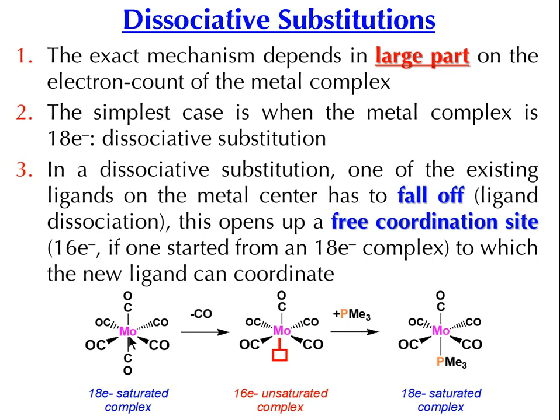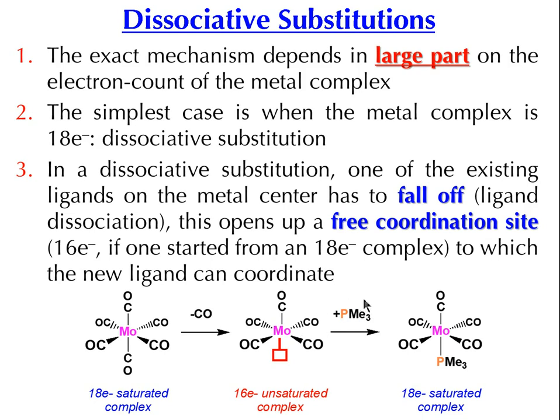Consider the example of molybdenum carbonyl complex. This is an 18 electron saturated complex, so it cannot receive a ligand. It should lose a ligand first, minus CO, to open a vacant site or a free coordination site. So this is an unsaturated complex of 16 electrons, and the oxidation state of Mo remains the same.